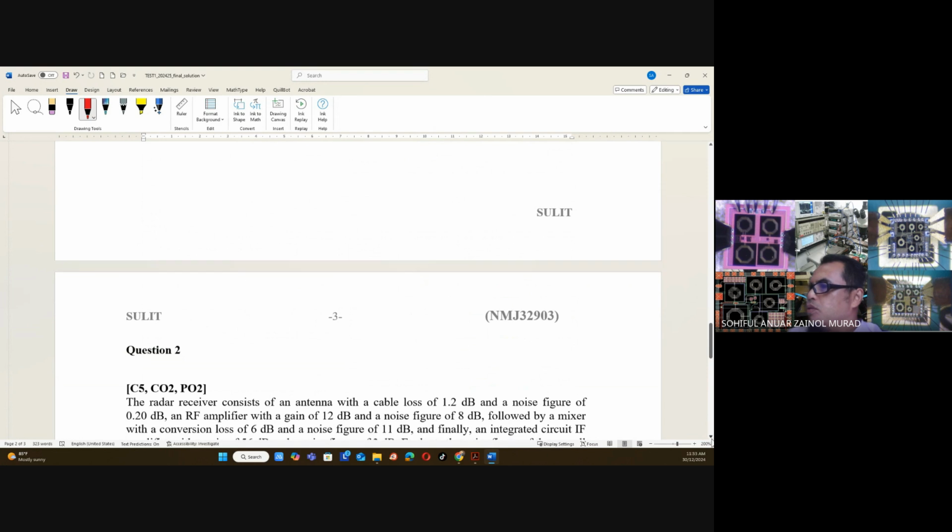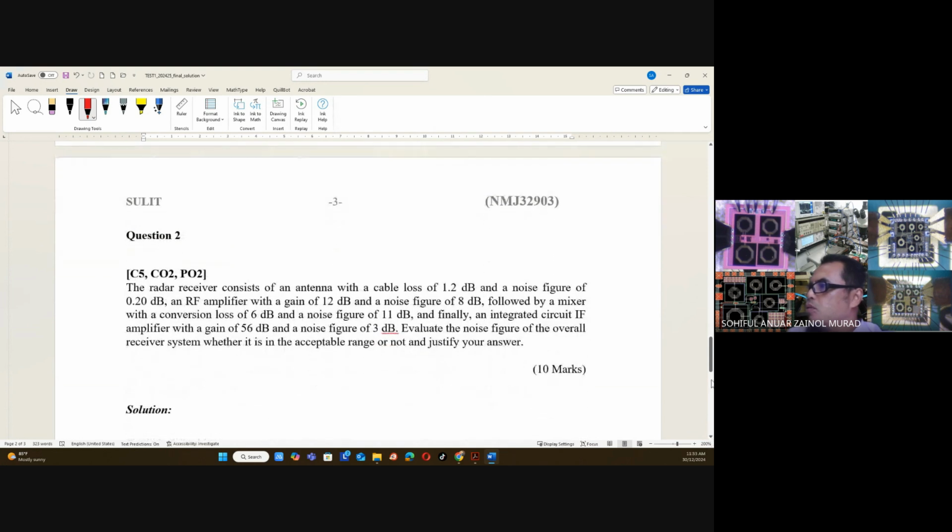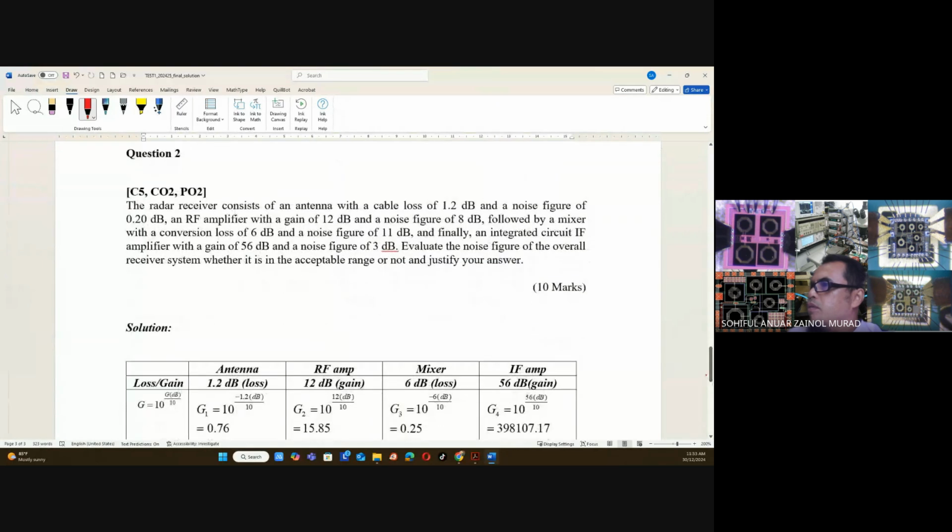So question number 3. You are given a radar system that has an antenna with a cable loss and a 1.2 noise figure. Both the losses and noise figure are given for the antenna, RF amplifier, mixer, and IF amplifier.